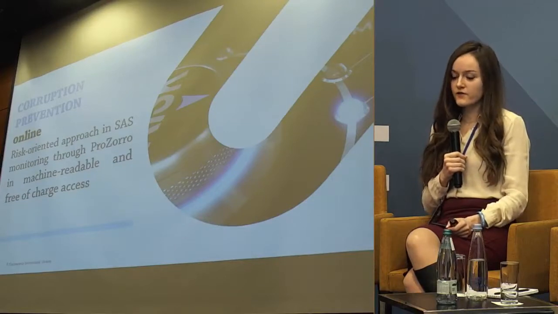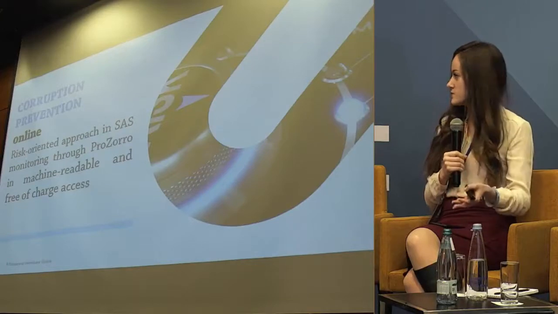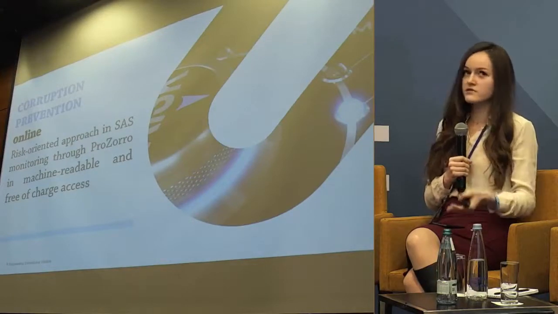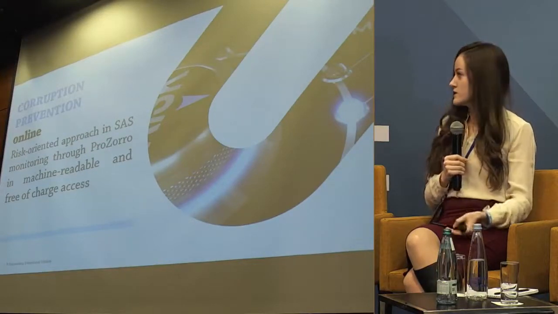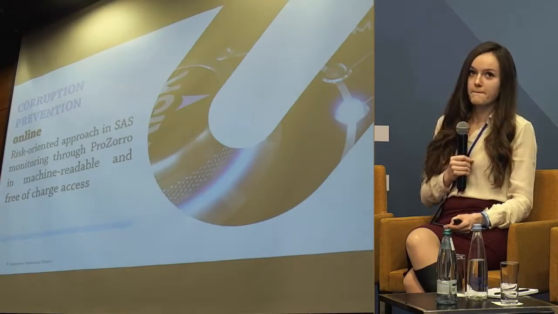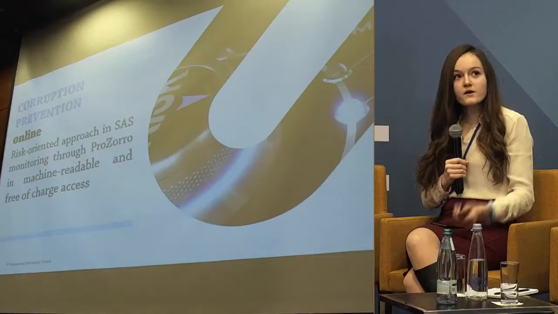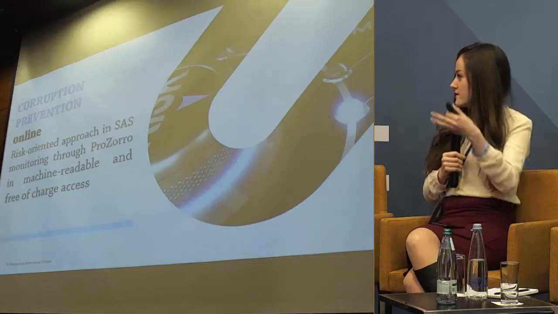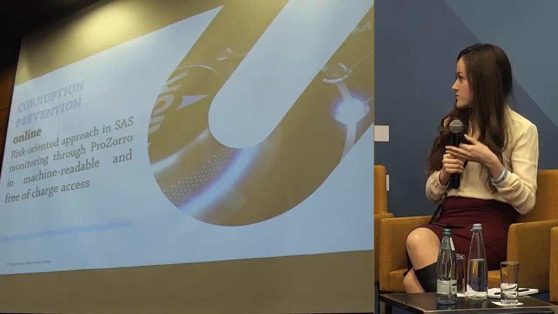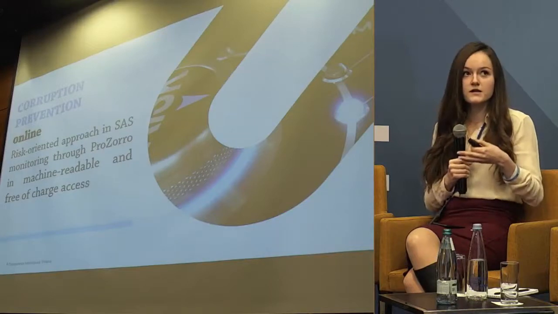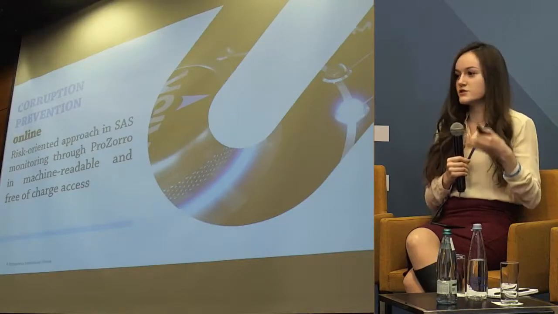You can also find the decision to start this monitoring by the State Audit Service and the conclusion on whether there are violations or not. And all this information about online monitoring in procurement is machine readable and free of charge.